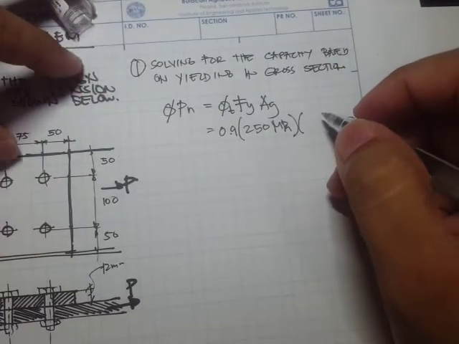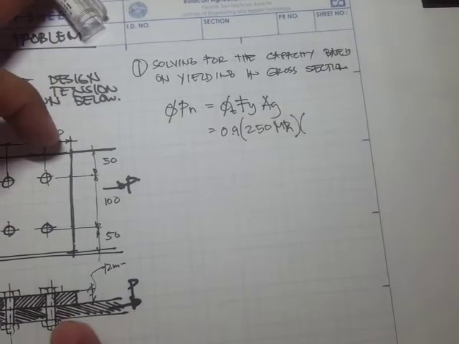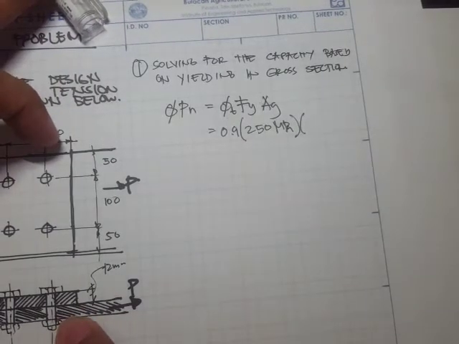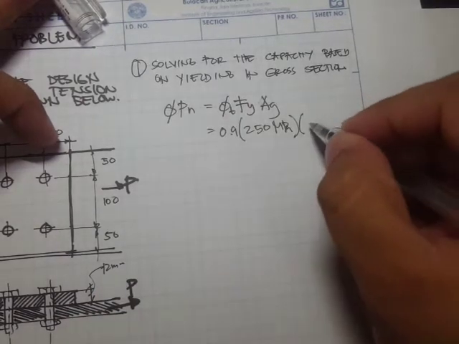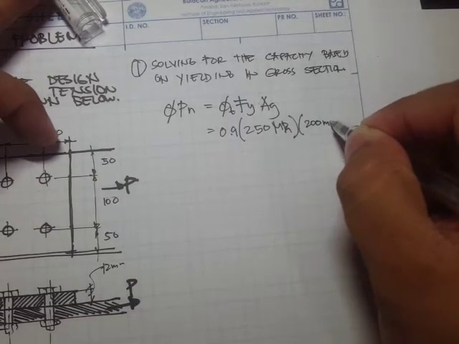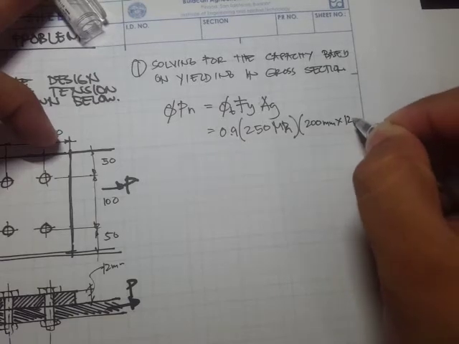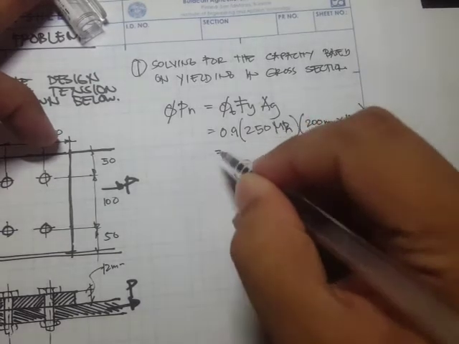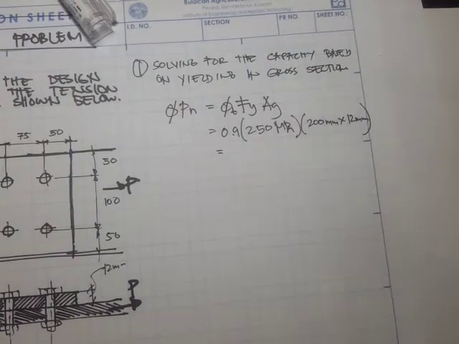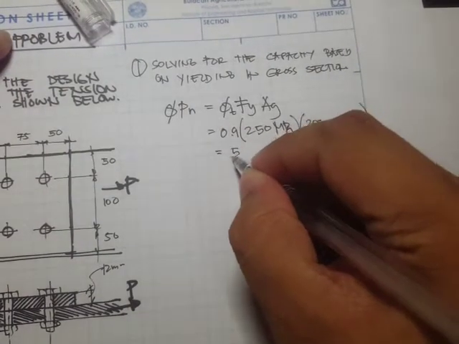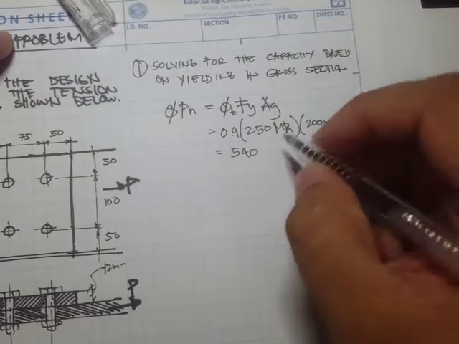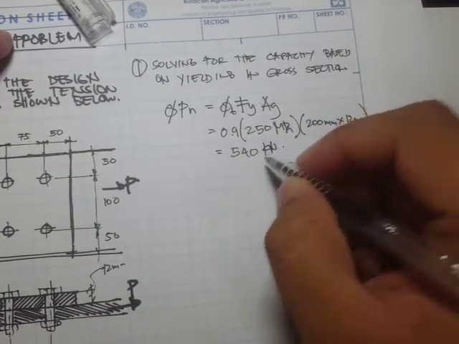Since this is just a flat bar, the gross area is just 12 mm times 200 mm. If you do the math, you'll get 540 kilonewtons.